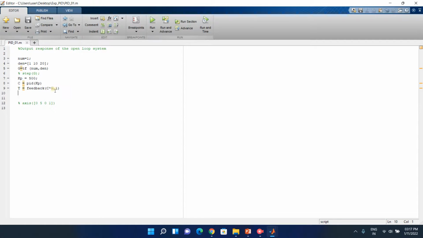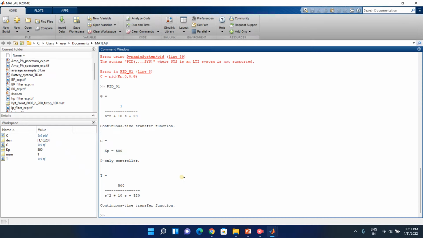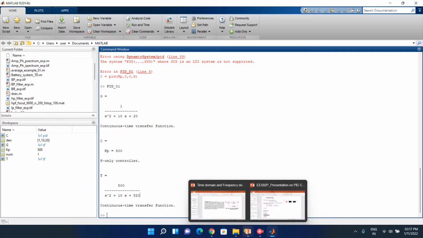So the total transfer function will be T equals feedback C into G, comma 1. If you do up to here, you will get this particular solution. You see, this is the open loop transfer function G, this is KP, P only controller.